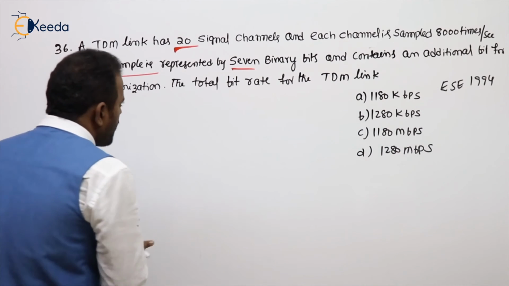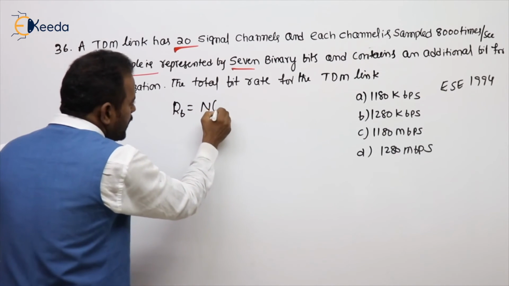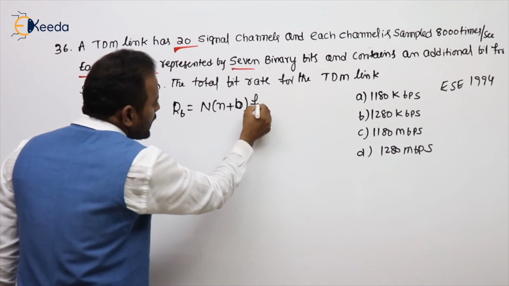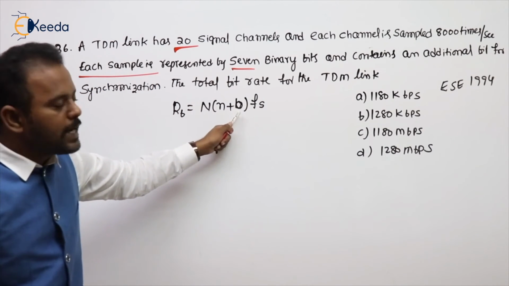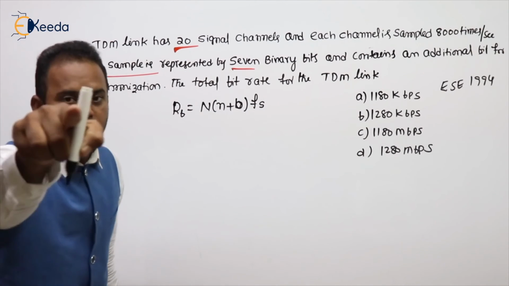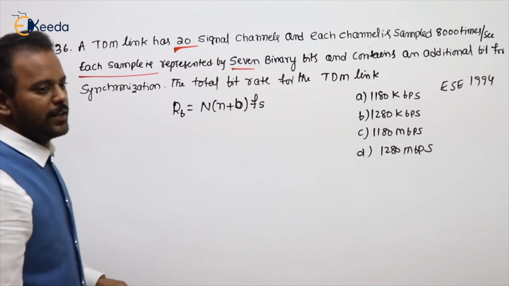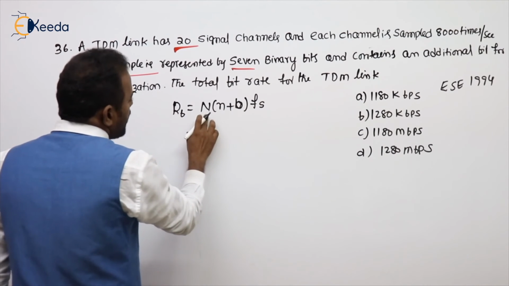What is the formula for bitrate? Bitrate Rb equals (N times (n plus B)) times Fs, where B is the number of synchronization bits per sample. If it is per frame, it is N times n plus A. Try to understand, that also will carry weight. What is the capital N?